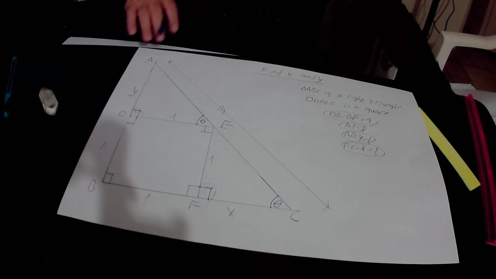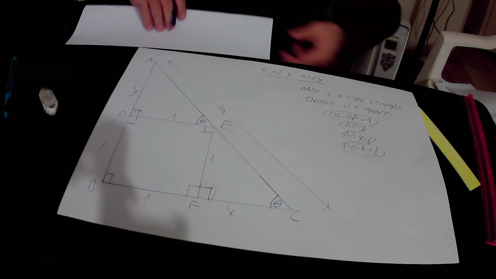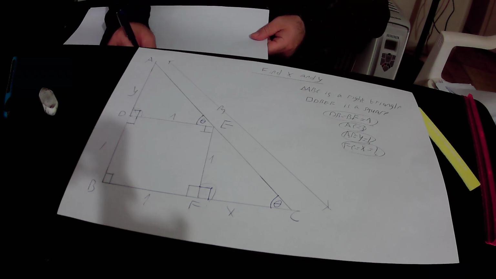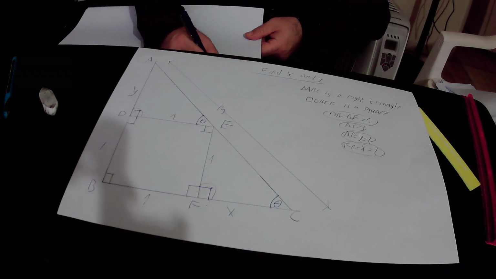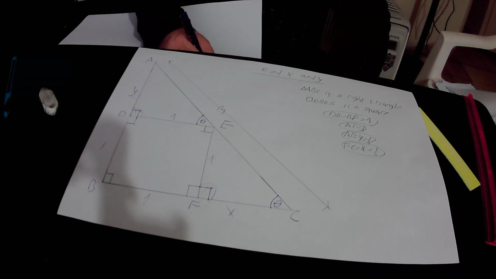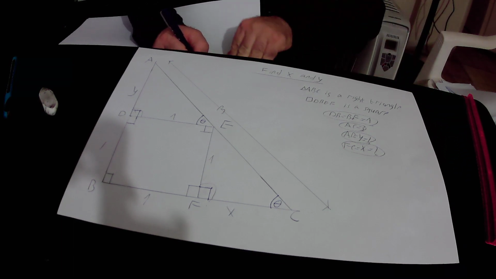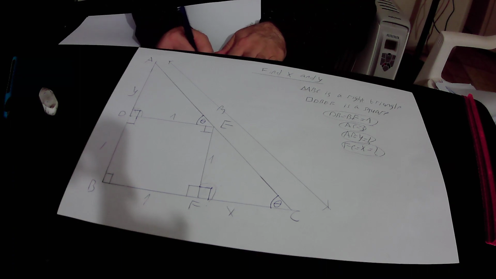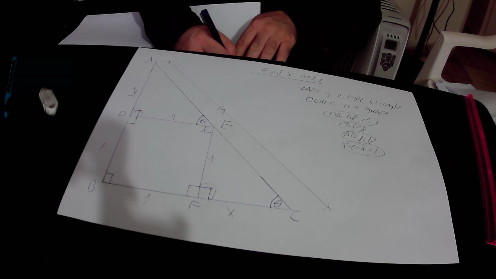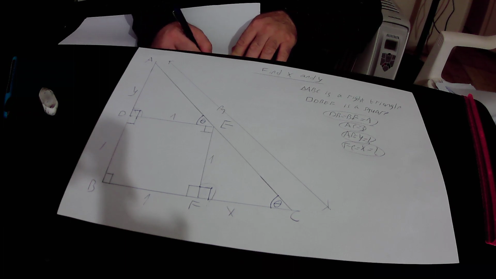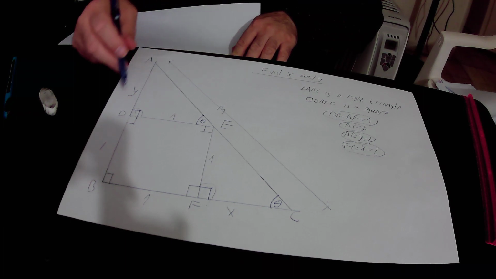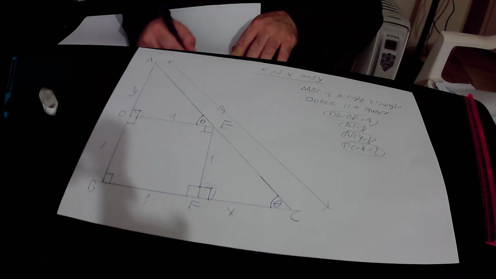On the right triangle, triangle ADE, we know that tangent theta equals AD over DE.